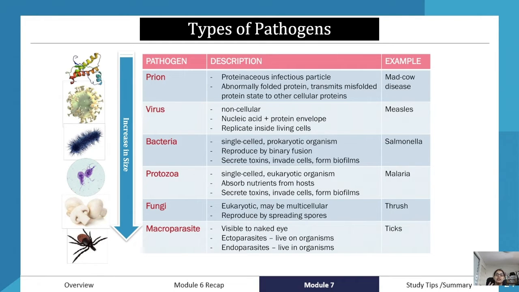And once they're inside the host cells, they hijack processes, and in the case of COVID-19, for example, it gains entry into the host cells through the use of enzymes on its surface, and hijacks protein synthesis in order to then control the cell.